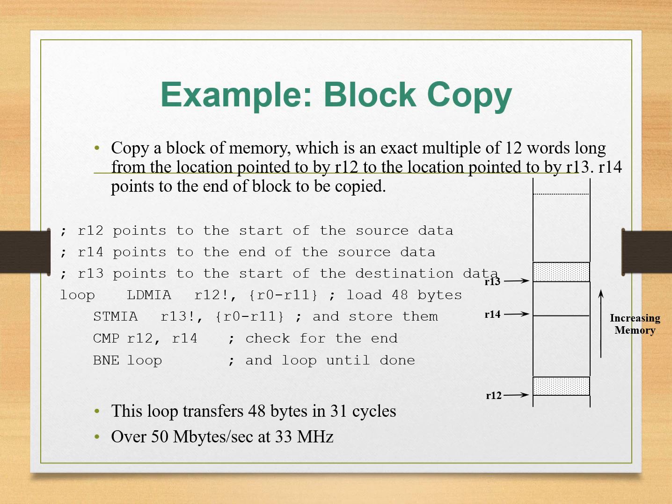This is the example: R12, this is R13, 12 words, 48 bytes, until R14. The transfer starts at the R13 position. This will transfer 48 bytes in 31 cycles, less than one cycle for each byte.